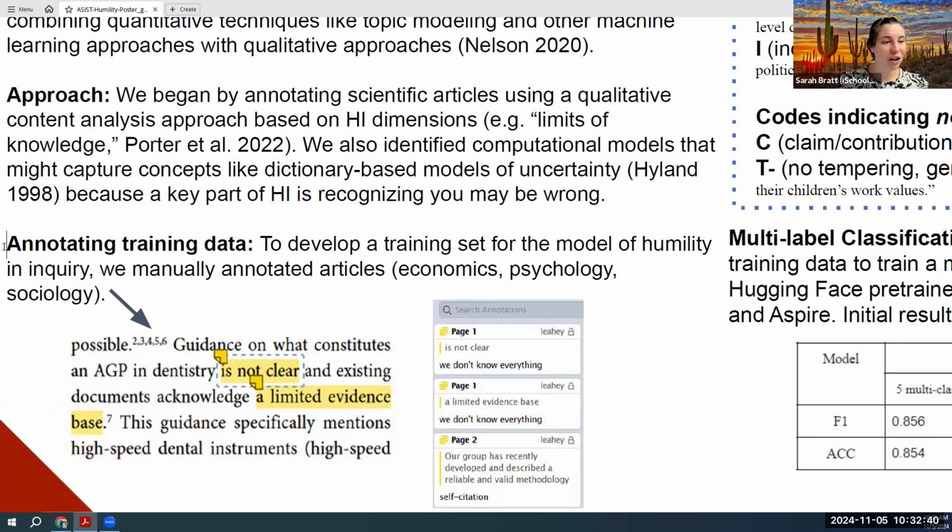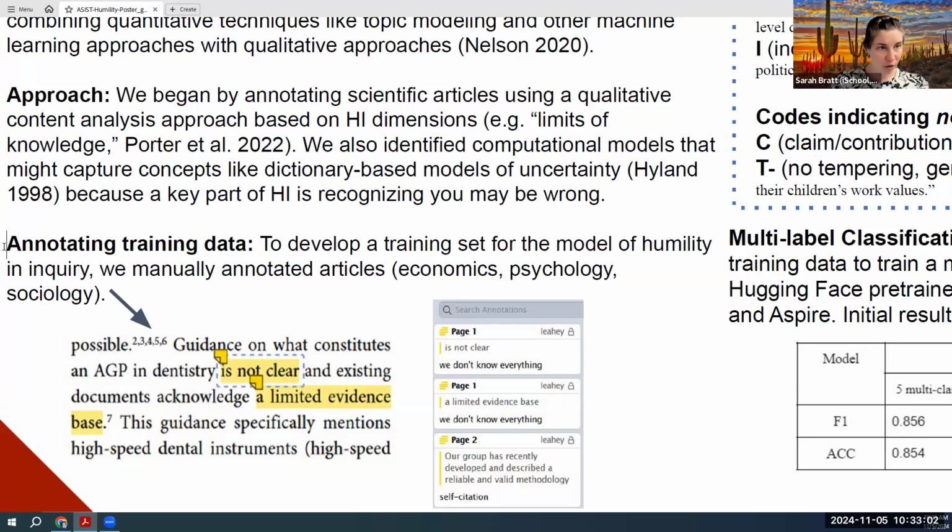We were looking at articles that we personally were reading to find in-the-wild examples of humility. But then we were also systematically looking for articles in databases, across a variety of prestigious and less prestigious journals in economics, psychology, and sociology.